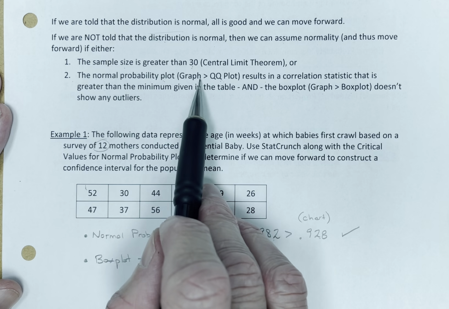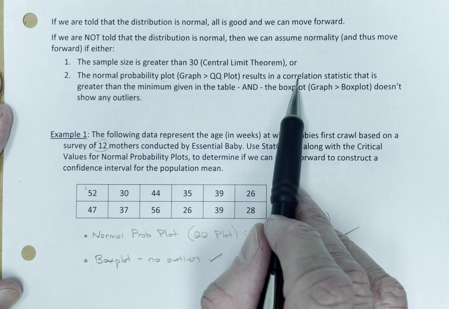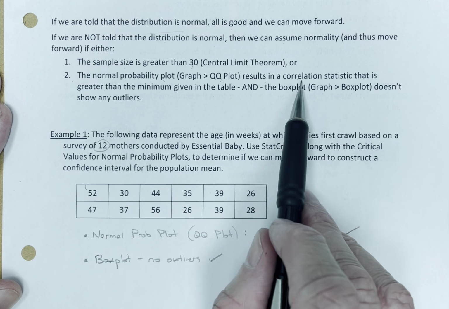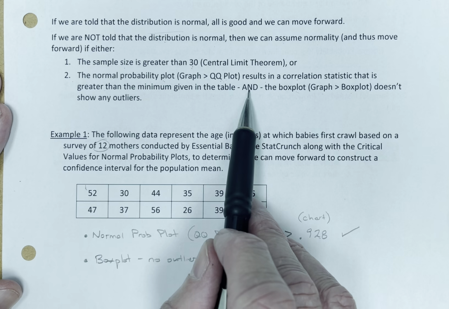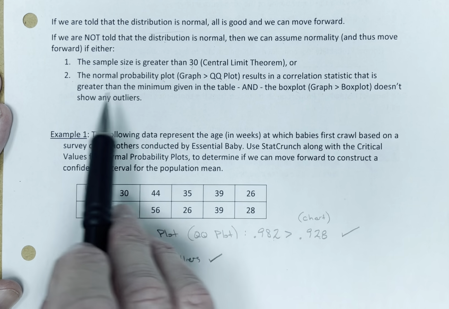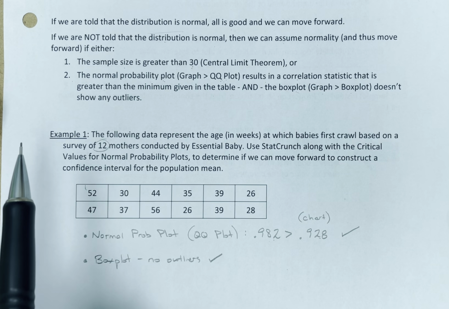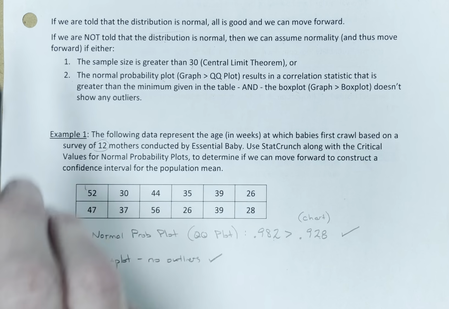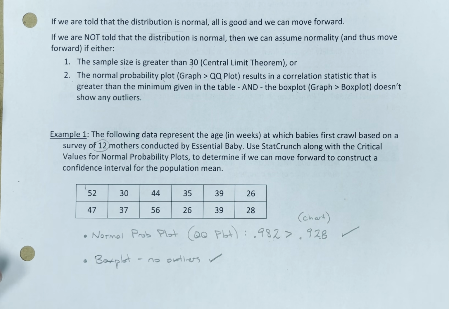We tested the normal probability plot called the QQ plot, and our correlation statistic was greater than the minimum in the table, and we tested our box plot, and we had no outliers. We can now move forward and assume normality, and in this case, with population means, we can begin to build a confidence interval.